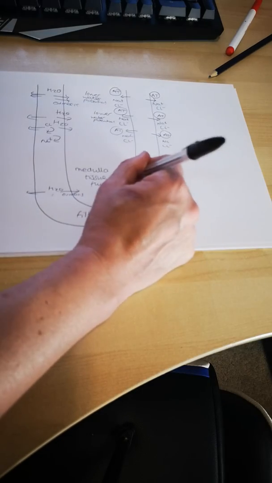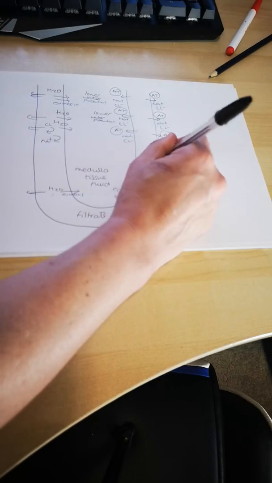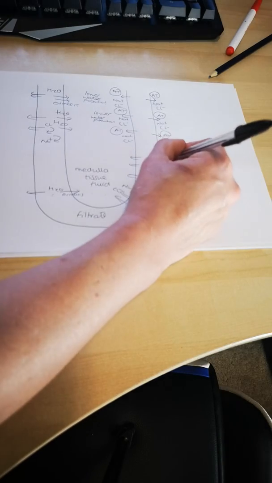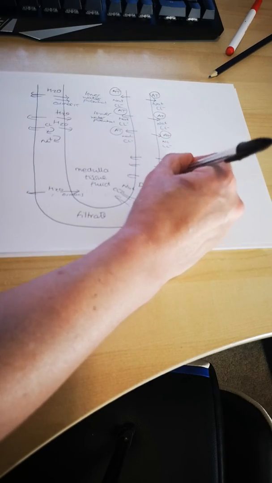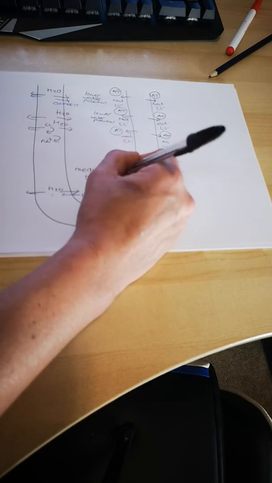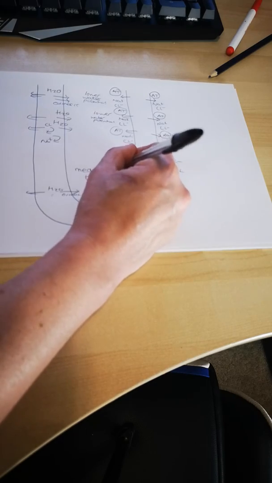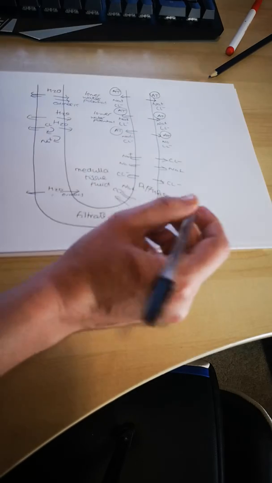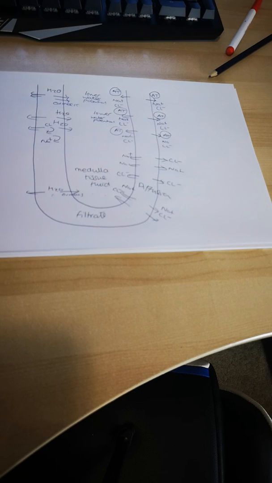Okay, so those ions move out of the ascending limb, first of all by diffusion, and that happens really rapidly, and then by active transport when you get to the top.